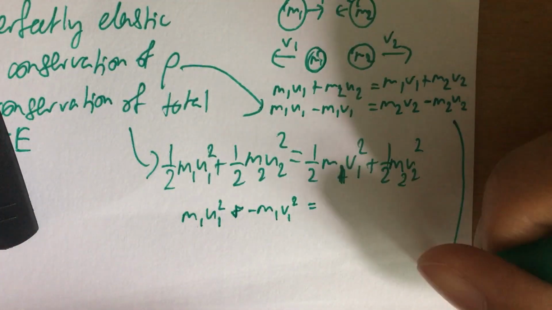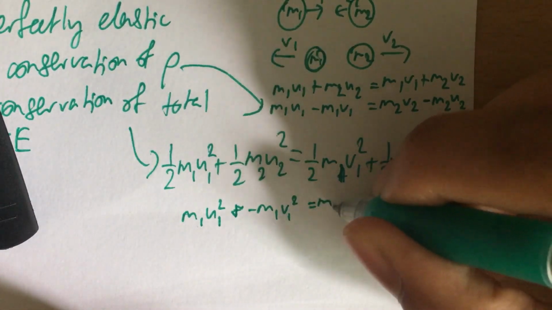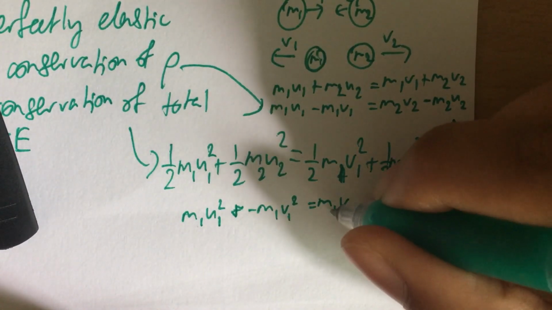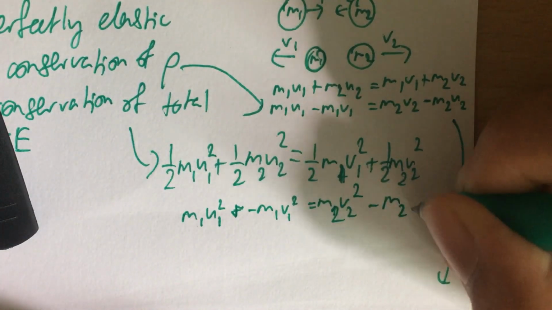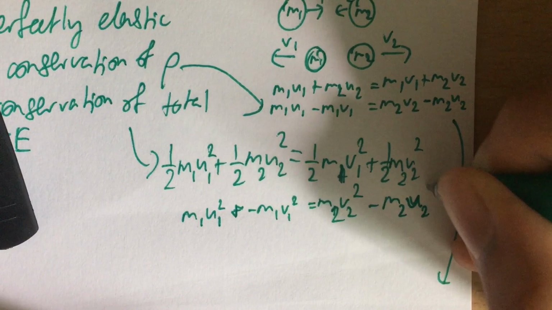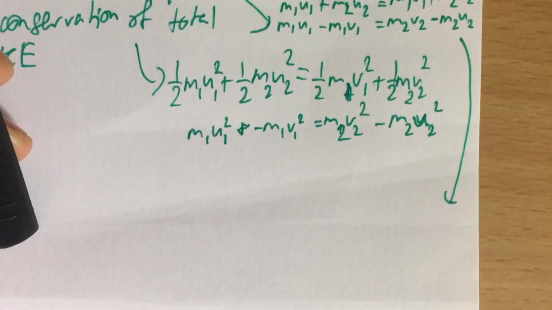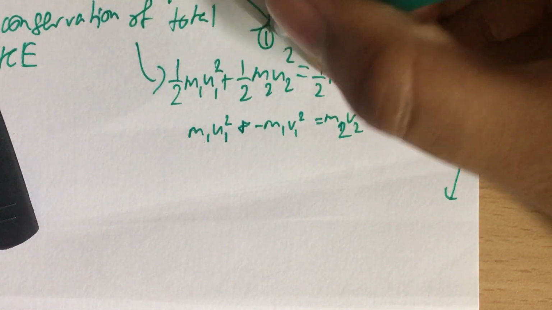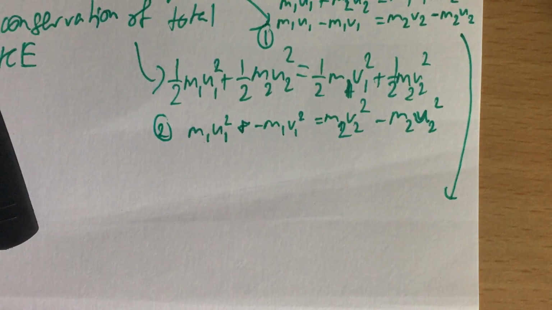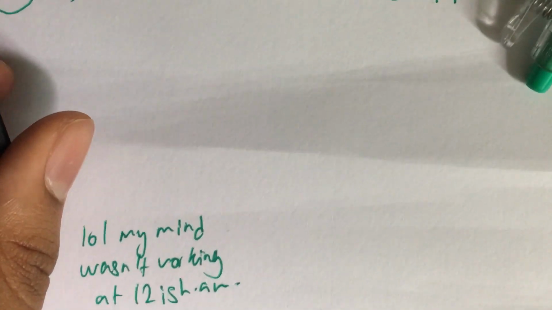So it will end up becoming M1 U1 minus M1 V1 equals M2 V2 minus M2 U2, and that is the equation that you use for perfectly elastic collisions. So in inelastic collisions, you will not have conservation of kinetic energy. Wait, what?